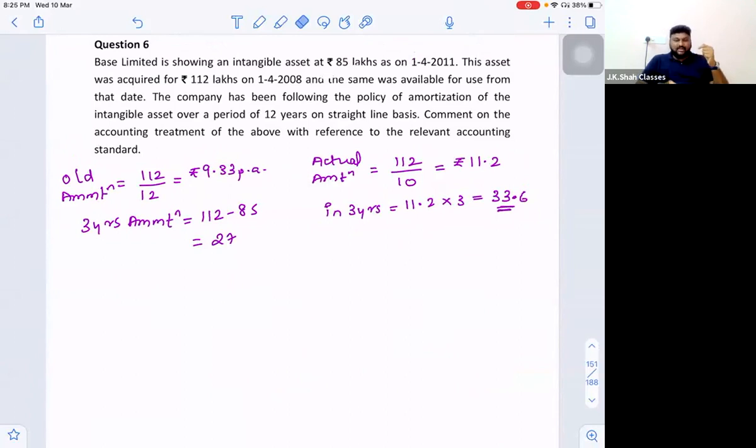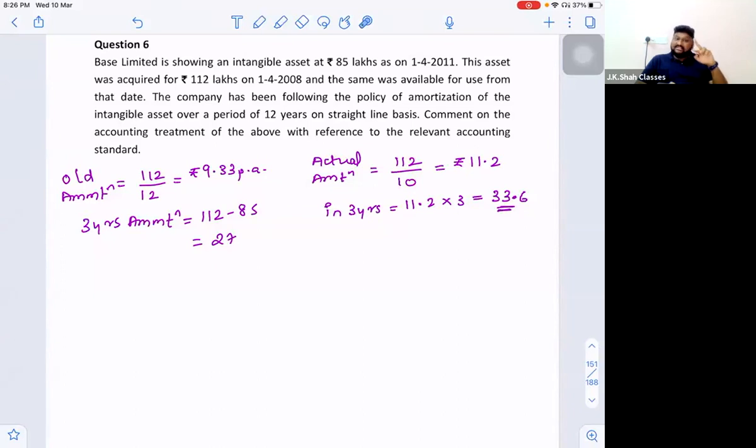So 85 lakh is your WDV left. So now divide it by 7 years and write off. No, sir. We are following the straight line method, and as per the straight line method, the depreciation for all the 10 years should be the same. Right?